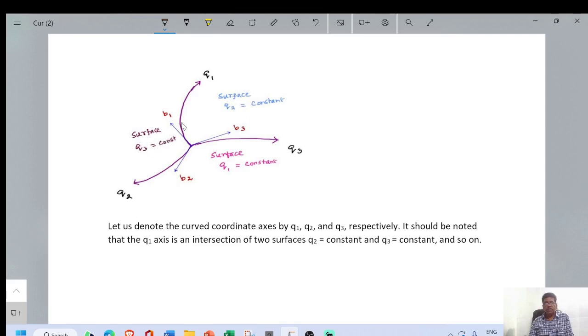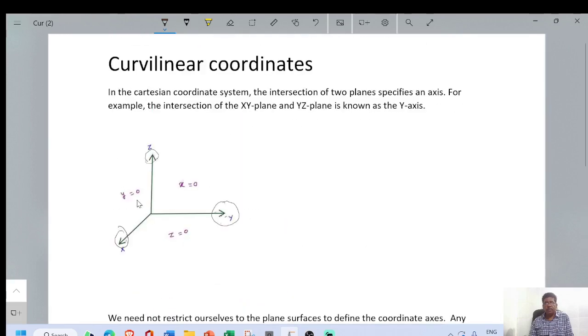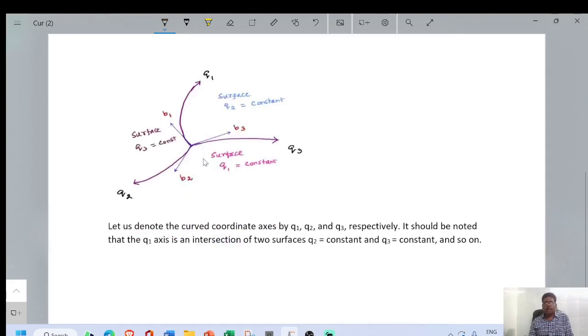These two surfaces are constant surfaces, but here x equal to 0, y equal to 0, z equal to 0. So to specify a coordinate, we need the intersection of two constant surfaces. Here B1, B2 and B3 are base vectors.